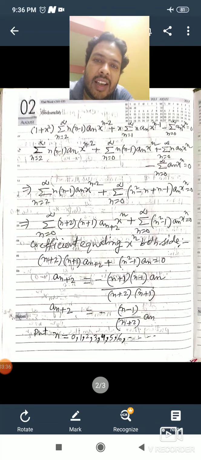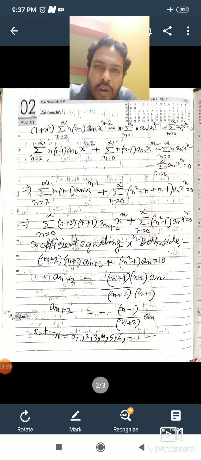So we write summation n equal to 2 to infinity n into n minus 1 a n x to the power n minus 2 plus total summation n equal to 0 to infinity (n square minus n plus n minus 1) a n x to the power n equal to 0. Now the n cancels. Now the limit n equal to 2 to infinity is converted to n equal to 0 to infinity.